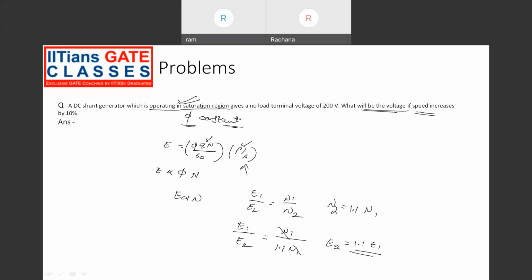So what will happen to the voltage? The voltage also increases by 10%. Yeah, I hope this is clear.